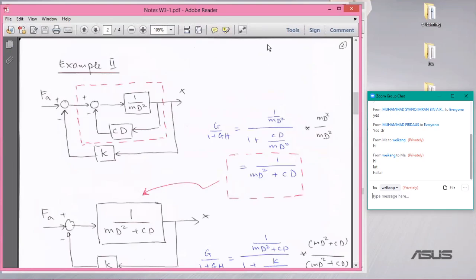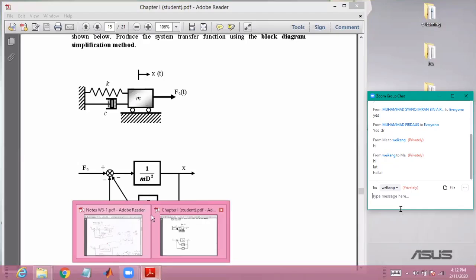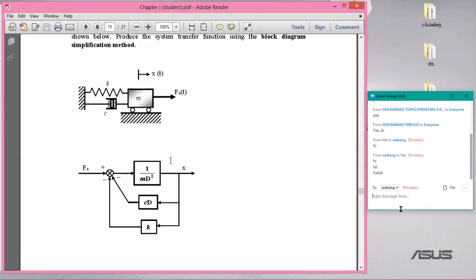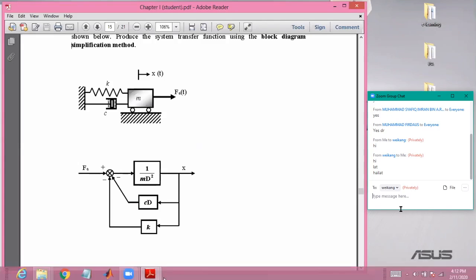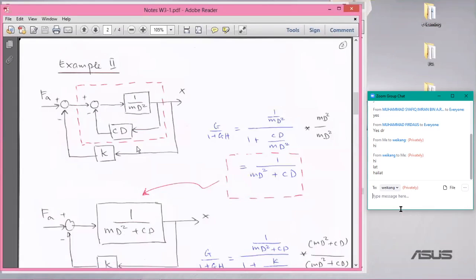Okay, now I'm going to redraw this diagram. I'm going to split the summing junction into two, and then split the takeoff point.